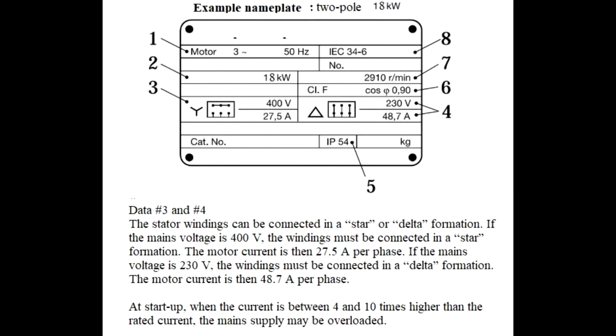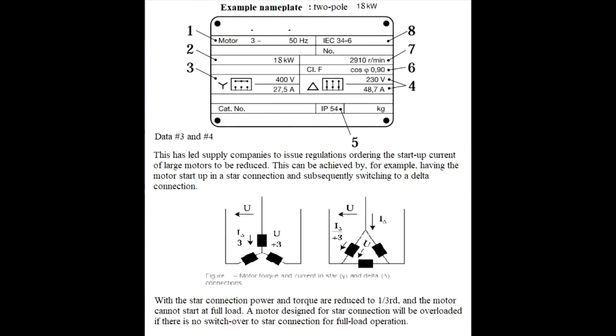At startup, the current is between 4 and 10 times higher than the rated current, and the main supply may be overloaded. Supply companies therefore use regulations ordering the startup current of large motors to be reduced. This can be achieved by, for example, having the motor start up in a star connection and subsequently switching to a delta connection.